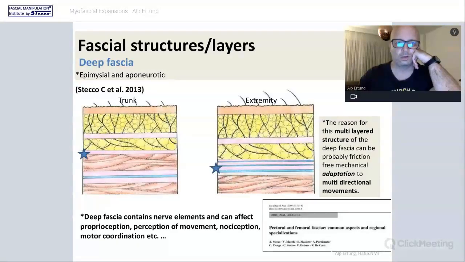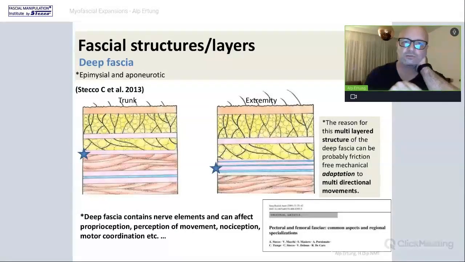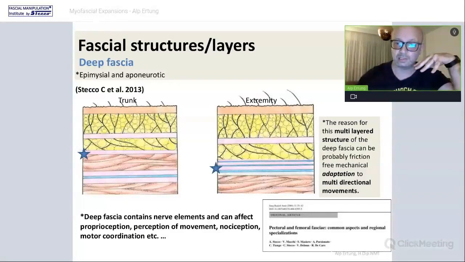We have the deep fascia. We saw that we have two types, the epimysial and aponeurotic. And we have some basic differences between trunk and extremity. In the trunk, the deep fascia is adhered to the epimysium of the large and flat muscles.